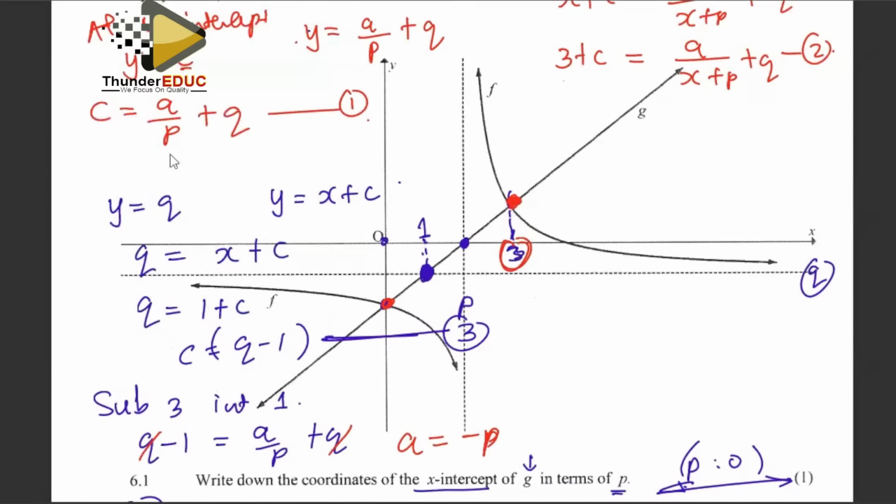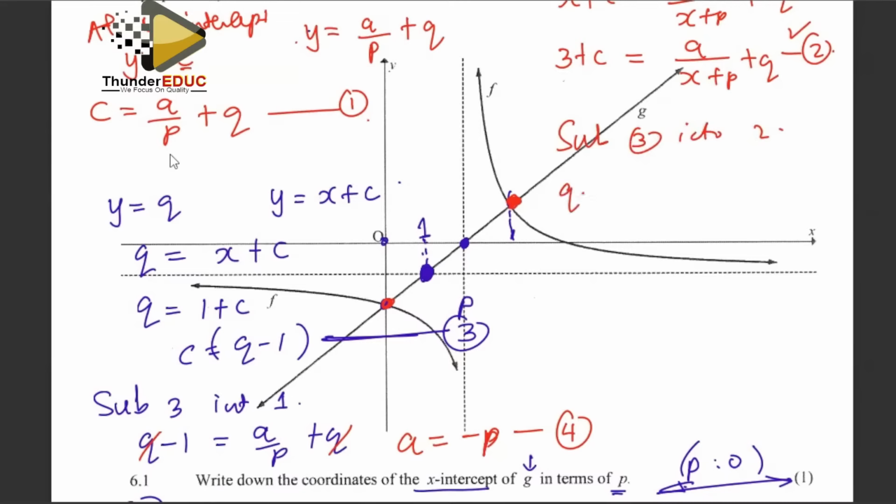So if a is equivalent to negative p, what does that tell us? I can call that equation number 4, and then I'll substitute or replace this equation where I see the others. Then I can go back to equation 2 and substitute equation 3 into equation 2 first.